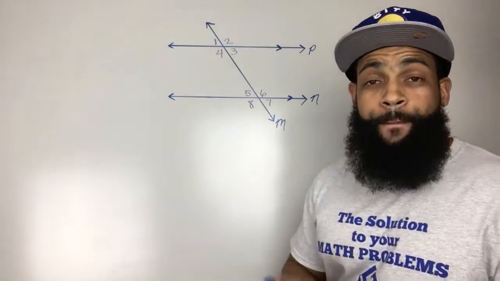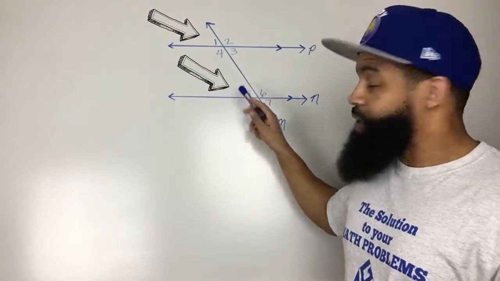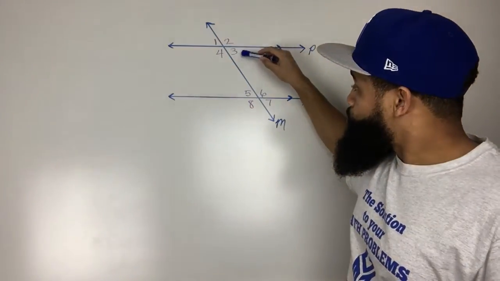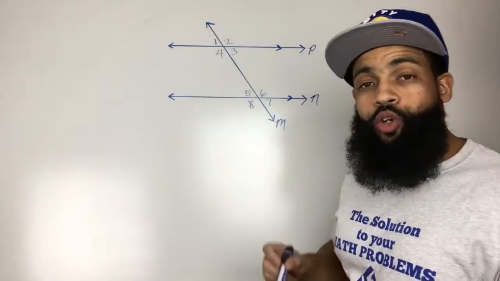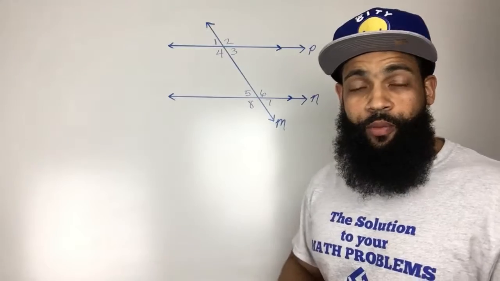So our pairs of corresponding angles would be 1 and 5, 2 and 6, 3 and 7, as well as 4 and 8.